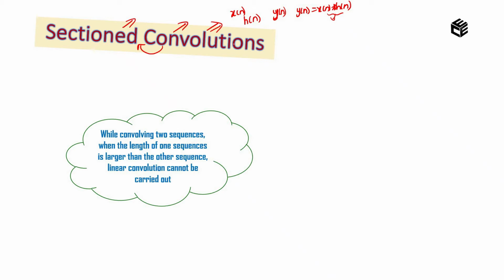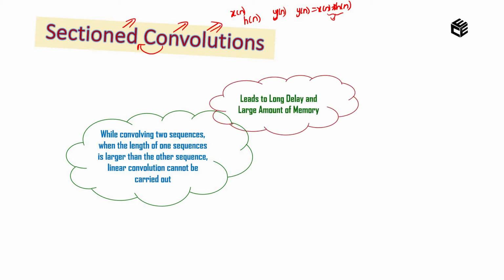The second major problem is that if the length of one sequence is larger than the second sequence, it leads to a long delay in the convolving process and also requires a large amount of memory. In order to overcome these two drawbacks, we go for section convolutions.